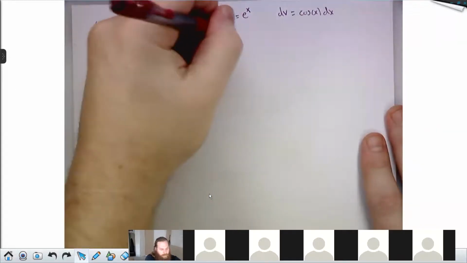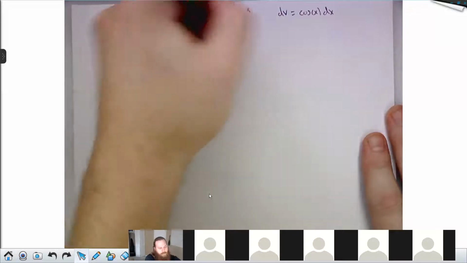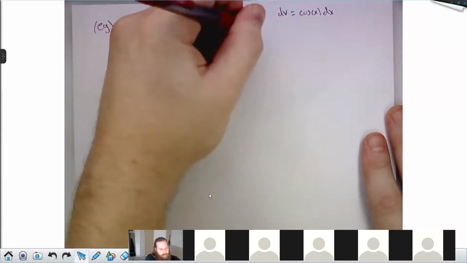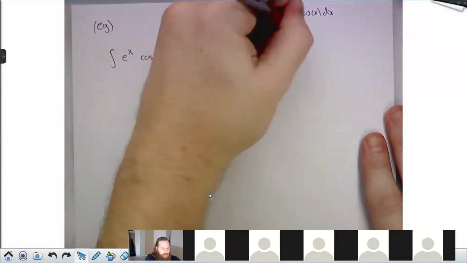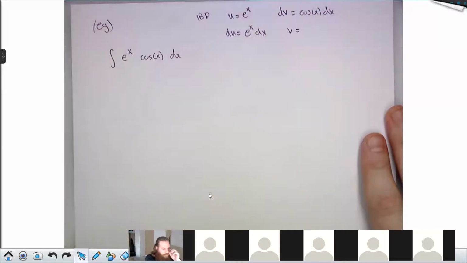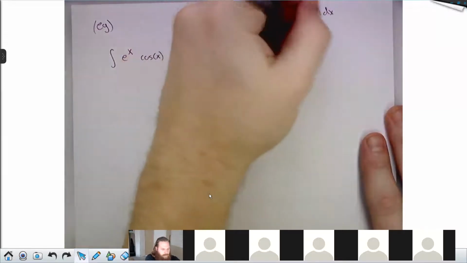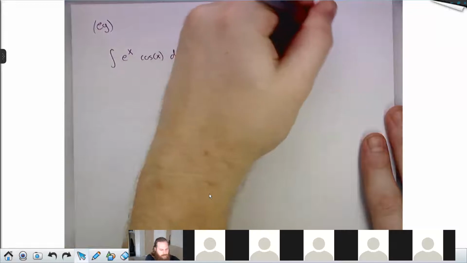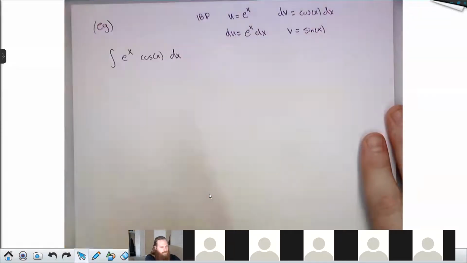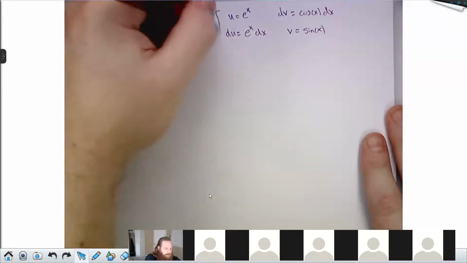Now we complete our IBP table. Du is the derivative of e to the x, which is e to the x times dx. And v would be the integral of cos x, who differentiates to cos x, that's sine of x. So here's my first little IBP table.